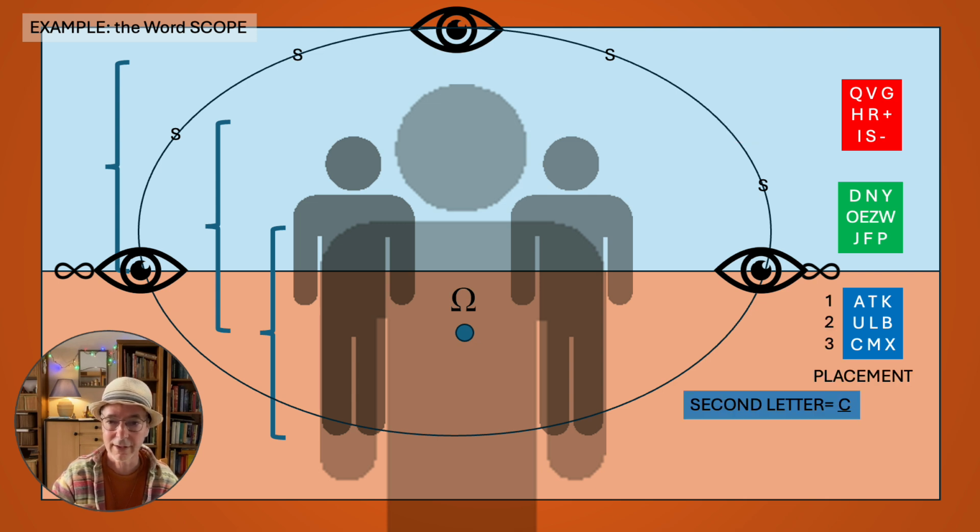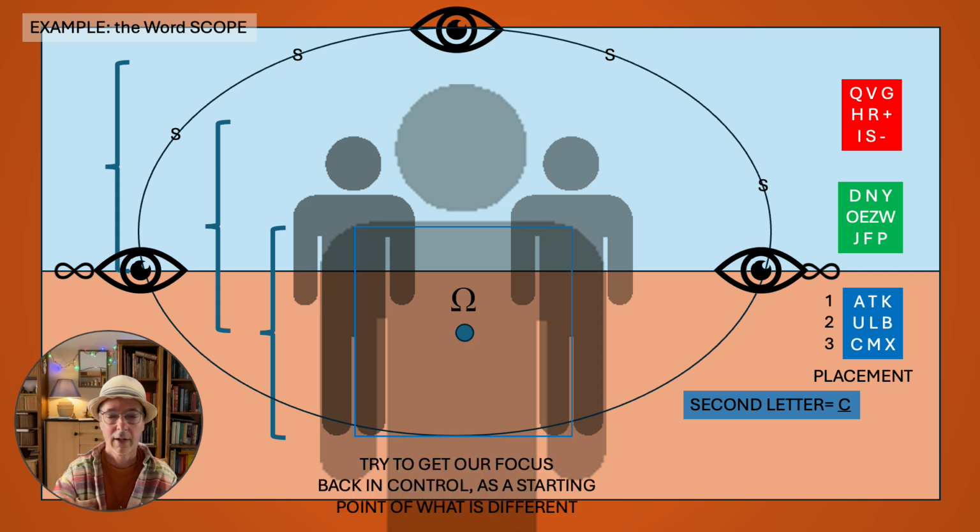Second letter is C. Where's the C? You have it there in the first category, the placement. And preferably, of course, it will be also about what we focus, our focuses. So it's returning back to our focus, to trying to be as objective as we can.